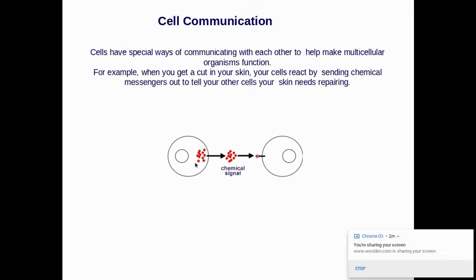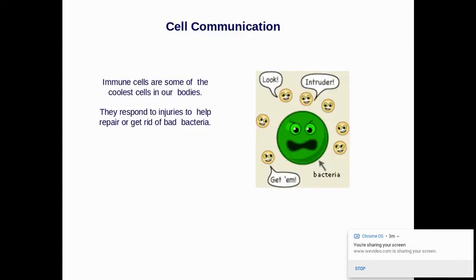Chemical messengers are sent throughout your body to go help where that injury is, and whatever is needed to repair will come there. Usually platelets that help to clot the blood will be sent. That's why when you have a cut, it'll sometimes be red and inflamed in the area, because of those extra blood cells that come in.